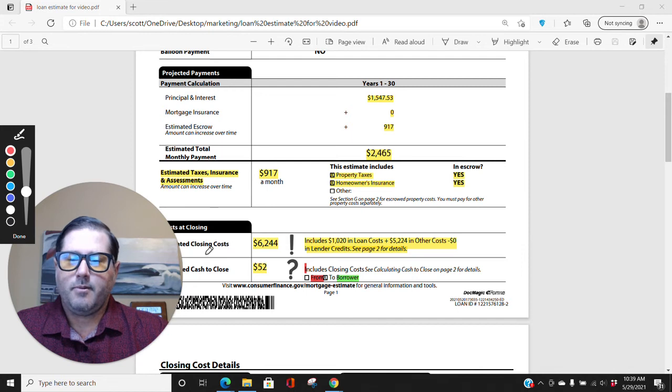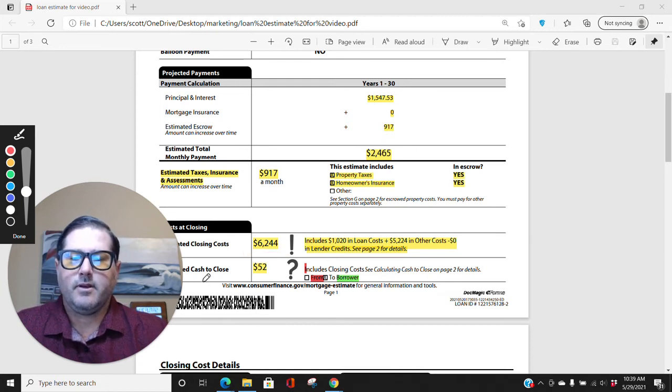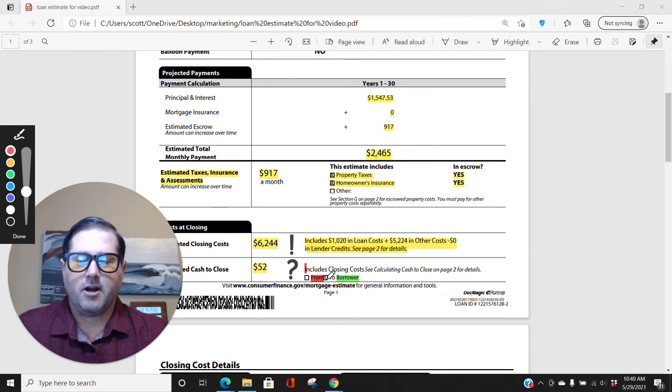Then, pretty important line here is your estimated closing costs, $62.44 in this case, with a cash to close of $52. You want to make sure on the cash to close, is it going from the borrower to the lender or to the borrower, okay? And that is marked with an X. In this case, $52 is going to the borrower, okay?